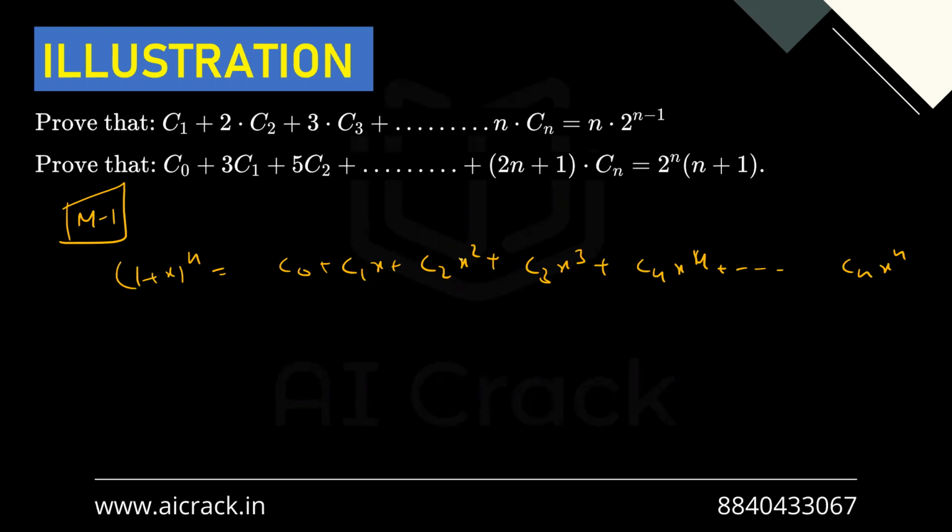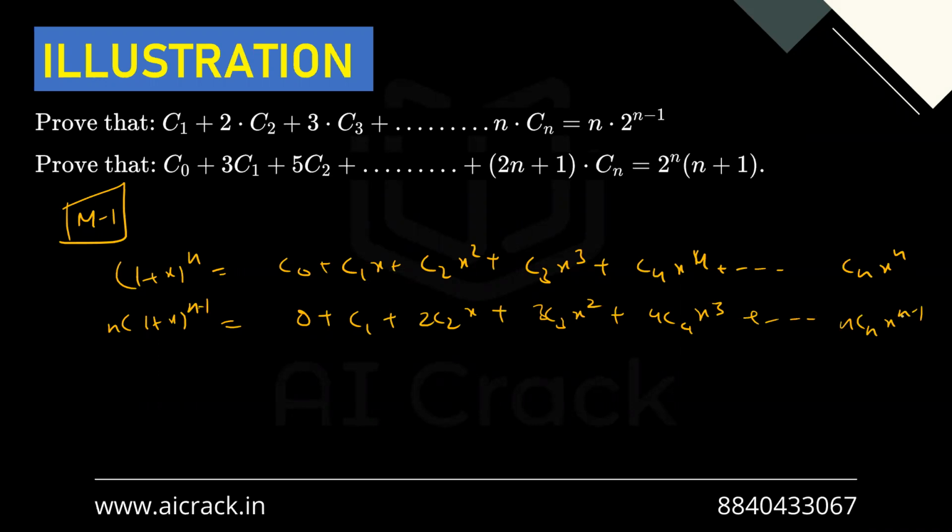That can happen if I differentiate this term. Then this 2 would come over here, and that would become 2C2x. This would become 3C3x square, right? Now if I differentiate it, I'll be getting n times 1 plus x raised power n minus 1 equals to, this becomes 0, this becomes C1, this becomes 2C2x, 3C3x square plus 4C4x cube till NCN x raised power n minus 1.